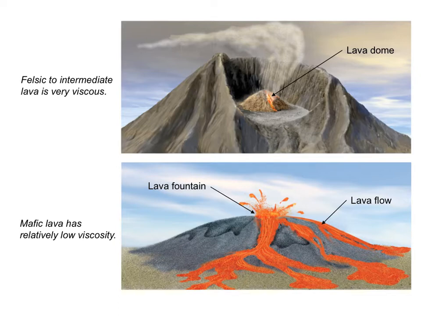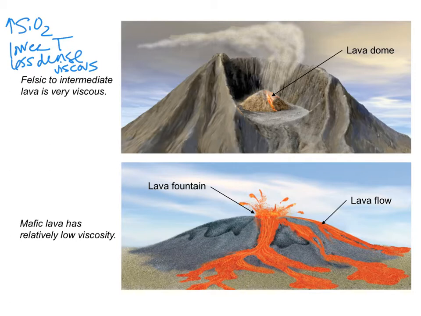As I was saying before, felsic or high SiO2 lavas or magmas tend to be lower in temperature, tend to be less dense, and also tend to be more viscous. That lower temperature means that you have less energy for breaking bonds and creating kind of a runnier liquid.